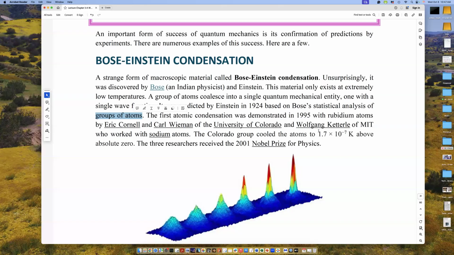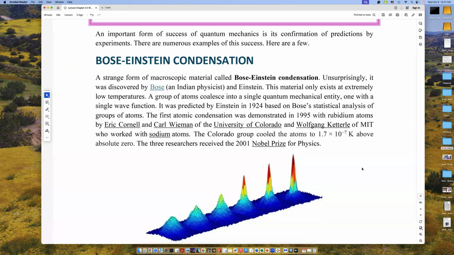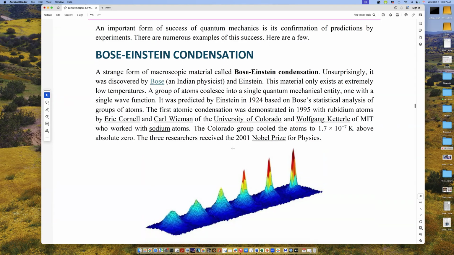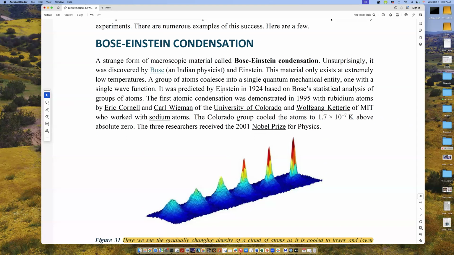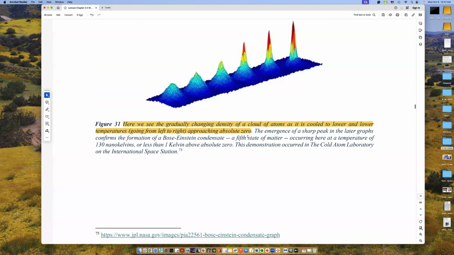And you see the temperature above absolute zero is a tenth of a millionth of a degree above absolute zero. They were the first to demonstrate Bose-Einstein condensation and won the Nobel Prize in 2001 for that. This was a prediction that turned into a measurement.